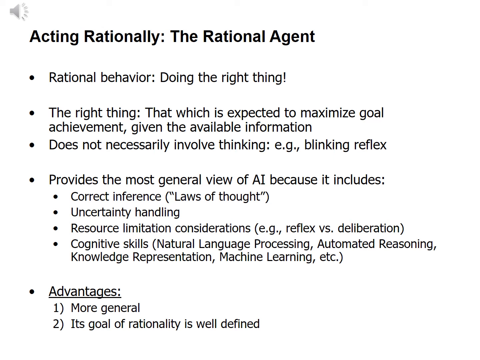Now, regarding this concept and the way of seeing artificial intelligence through acting rationally, it is important to say that it is more general than the laws of thought, because correct inference is just one of several possible mechanisms for achieving rationality. And the standard of rationality is mathematically well defined and completely general, and can be unpacked to generate agent designs that probably achieve it.